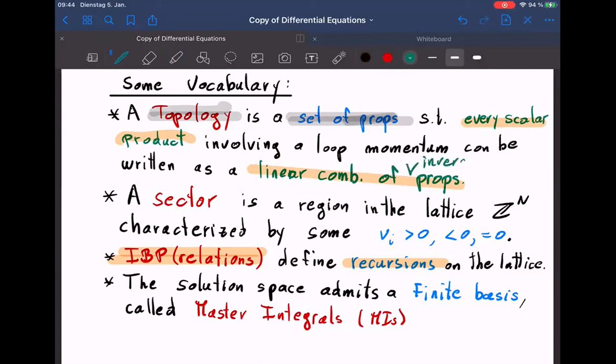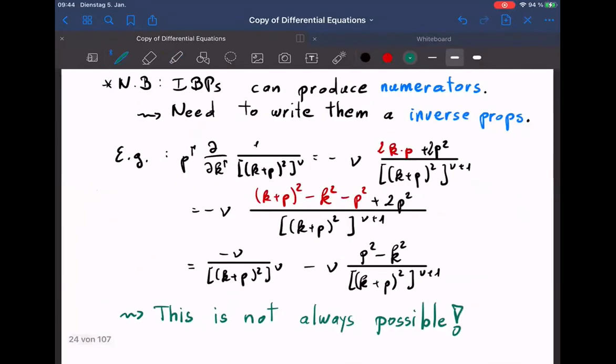That is this operation that we've done on this slide, shown in red here: every dot product is a linear combination of inverse propagators. Here k plus p squared, k squared, and p squared is constant, that has nothing to do with the loop momentum.